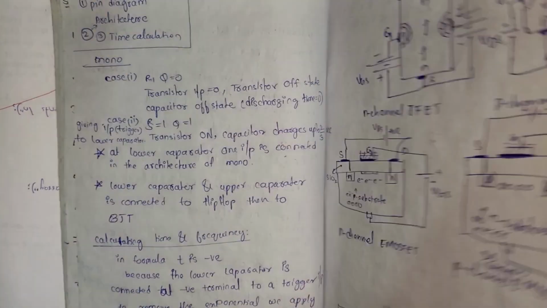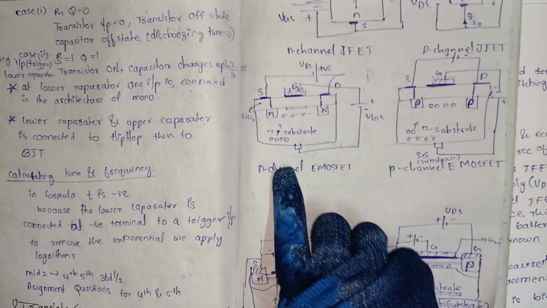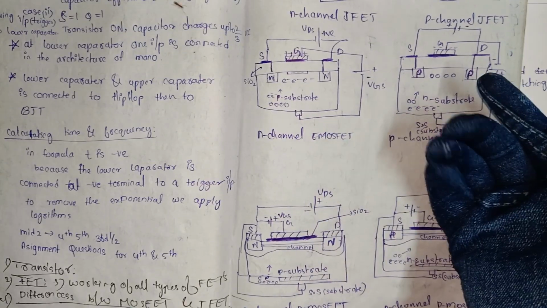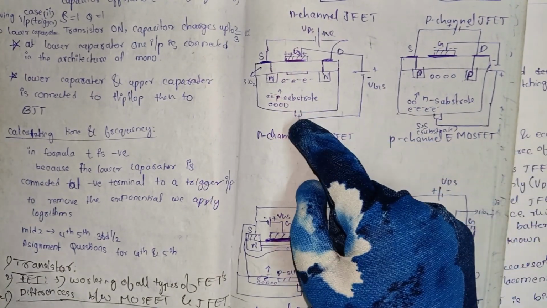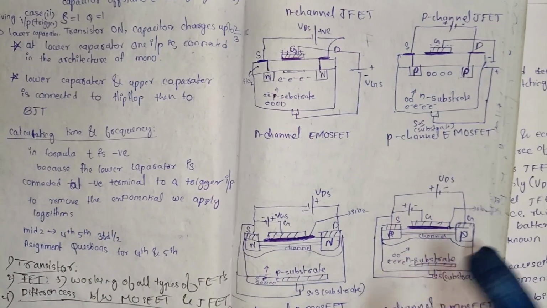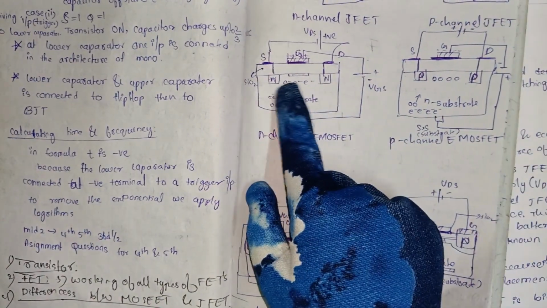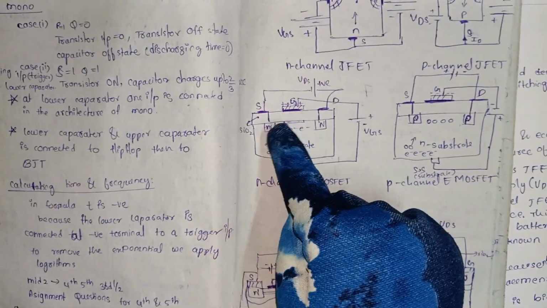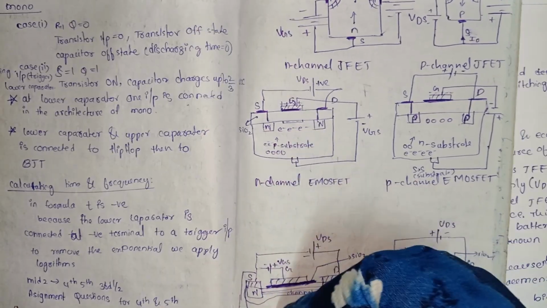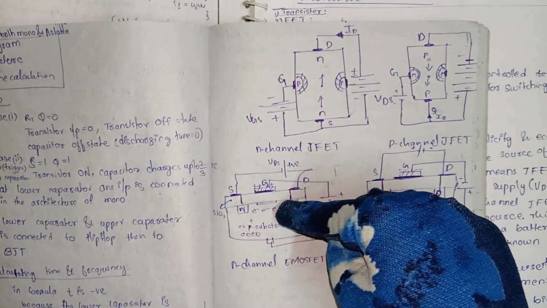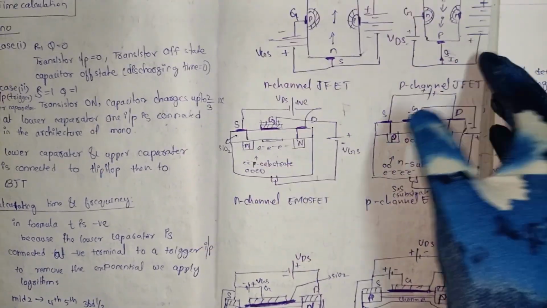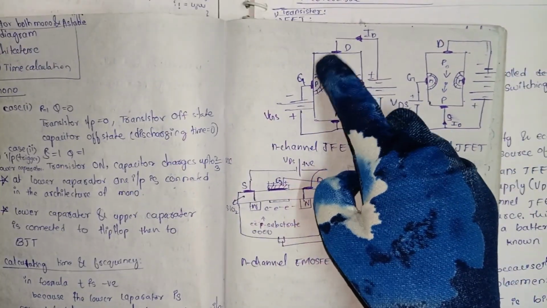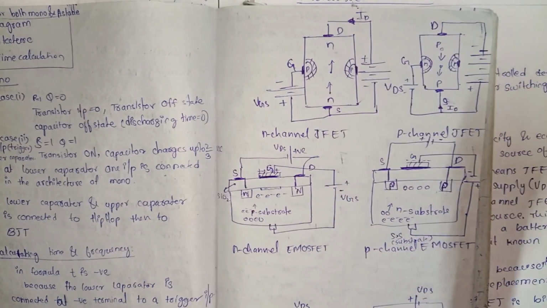As we observe in the two types of MOSFETs, the channel is very thin here, and here also the channel is very thin, meaning the area for the flow of electrons is very thin in these two types of MOSFETs, and here we have a wide area for the flow of electrons.